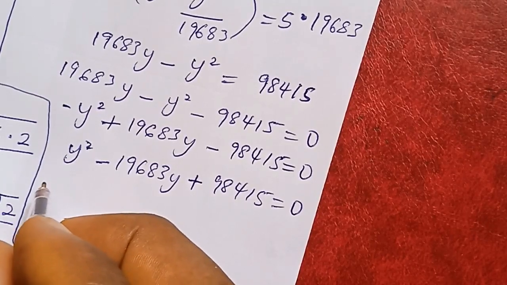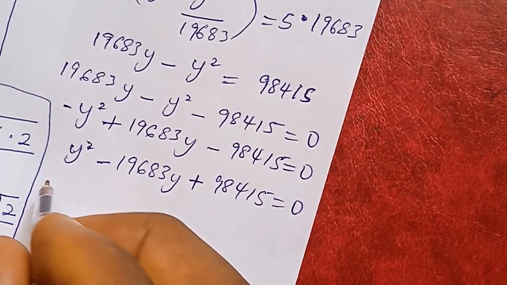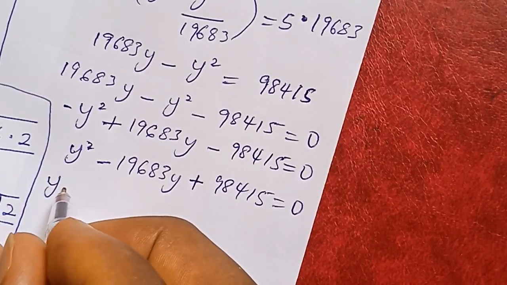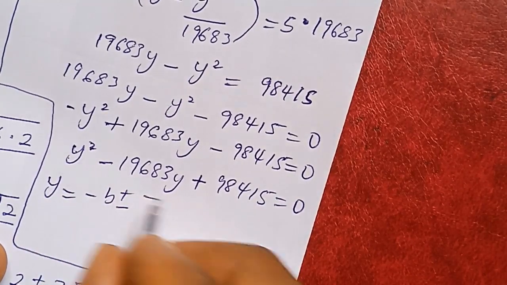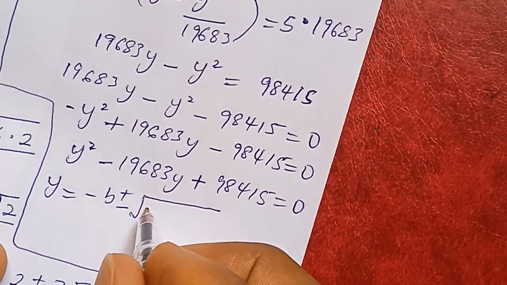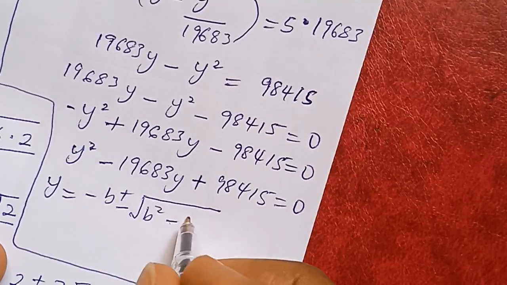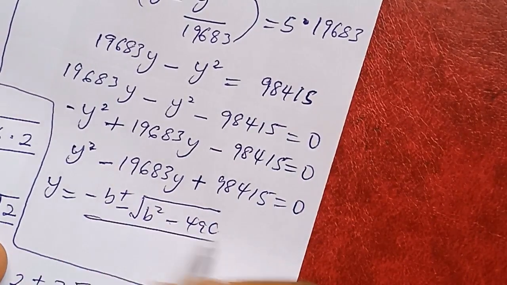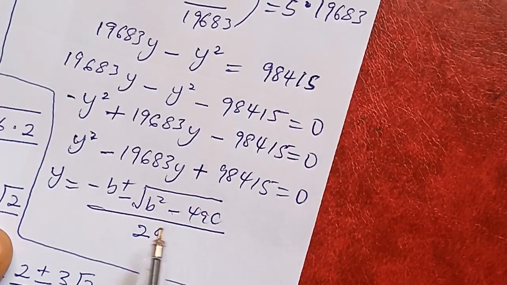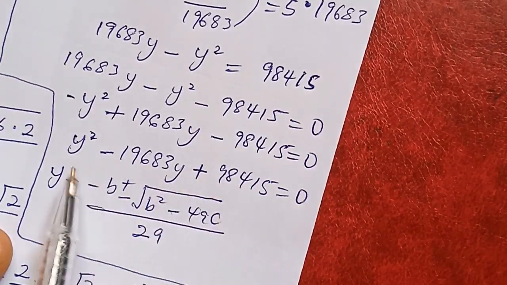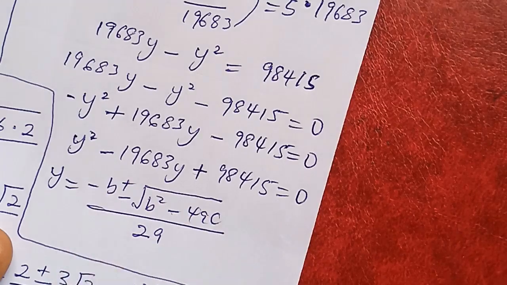So then we introduce the quadratic formula, which implies y equals minus b plus or minus the square root of b squared minus 4ac, over 2a. So this is what we are going to use to solve this quadratic expression.